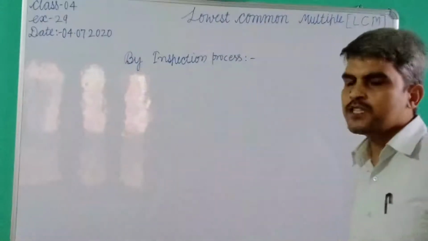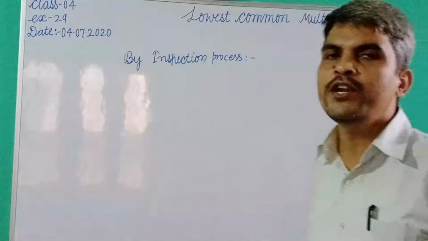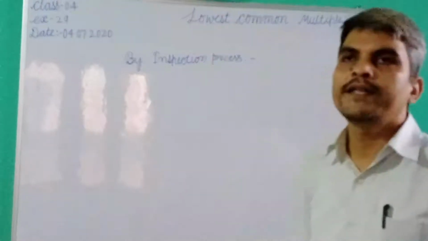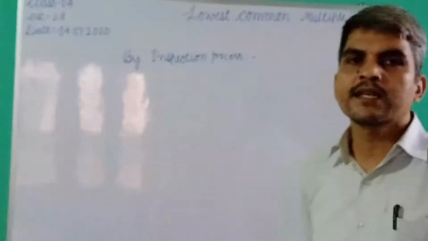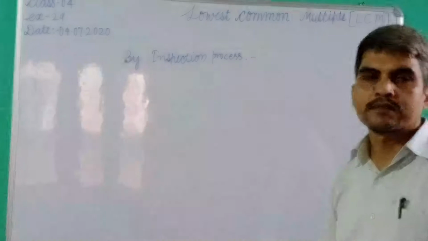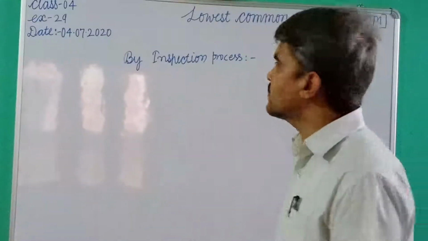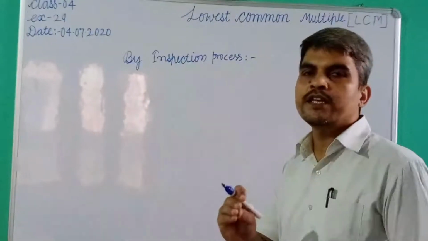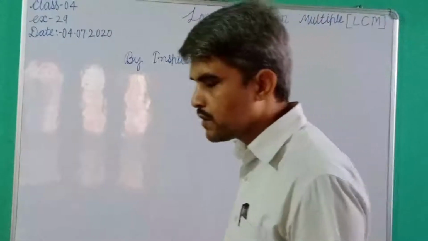What is the instruction process? How do you find the LCM by the instruction process? Students, in previous classes, you studied multiplication tables. Suppose I have taken one example.